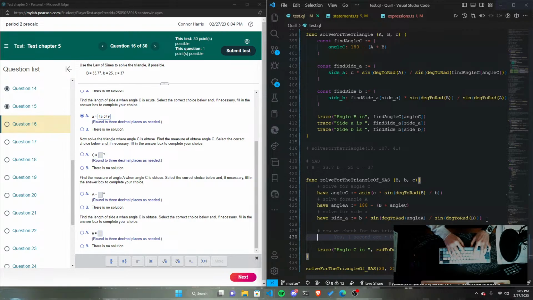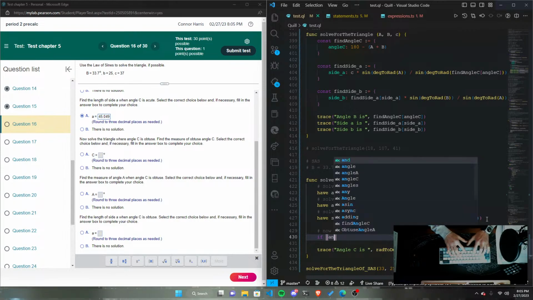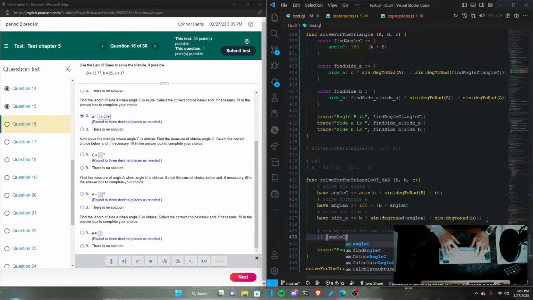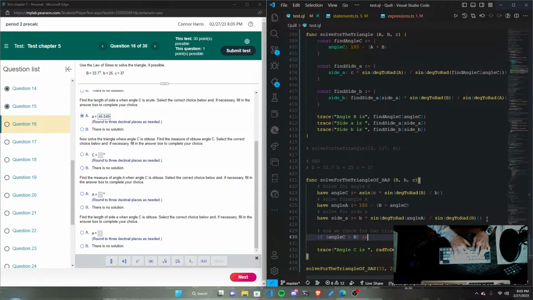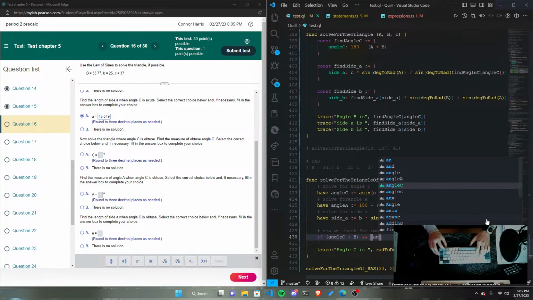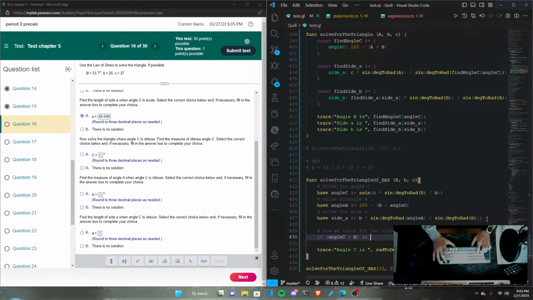So if angle C is greater than B, and I don't think we need to check, but let's just check angle C. We should only need to check the angles.